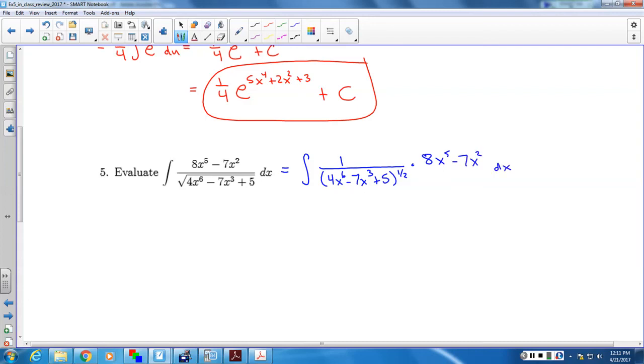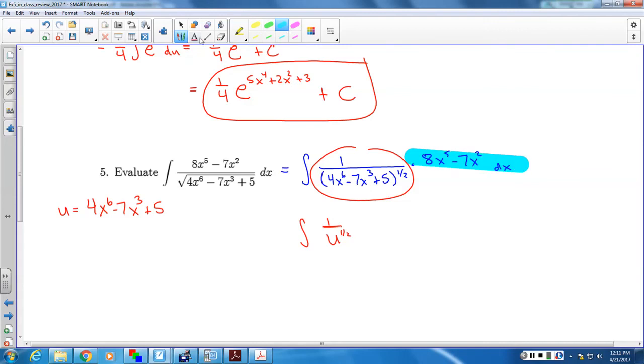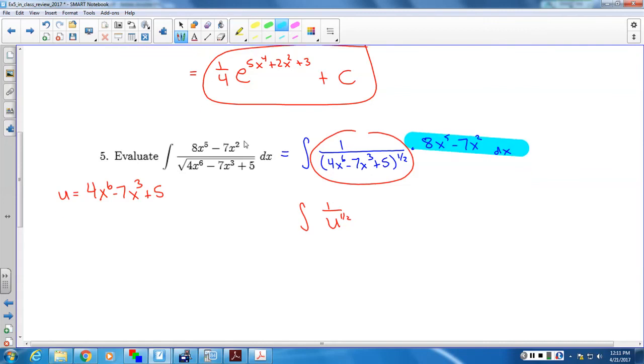So I'm just separating my numerator and denominator. Choosing my u, it's going to be all the stuff to the half power. So I can replace this part right here with the integral of 1 over u to the half.